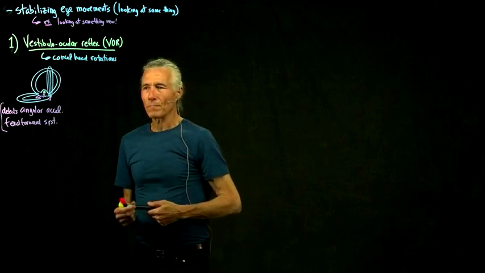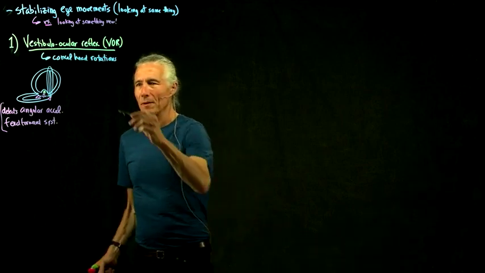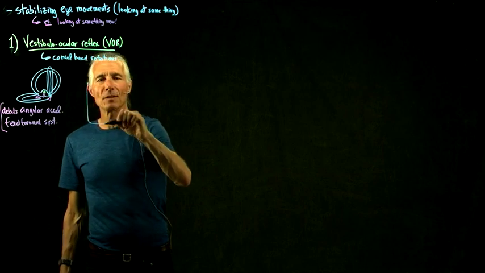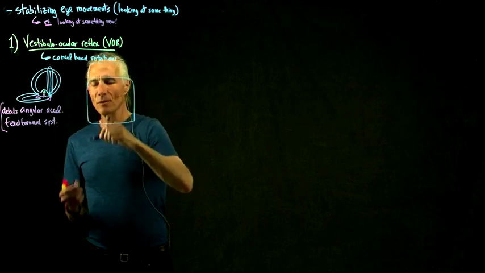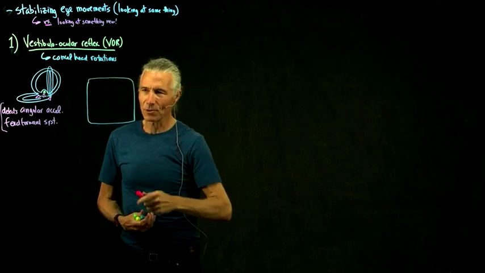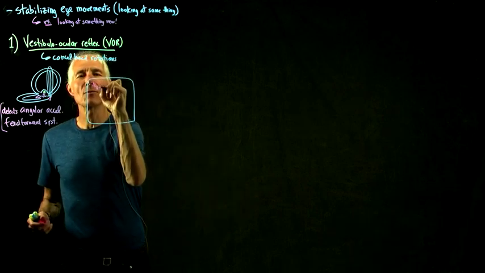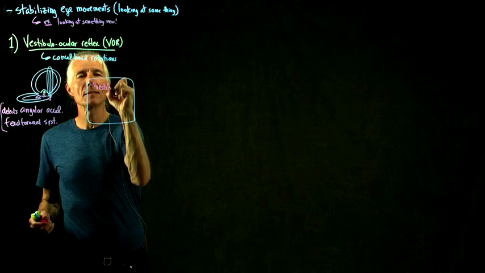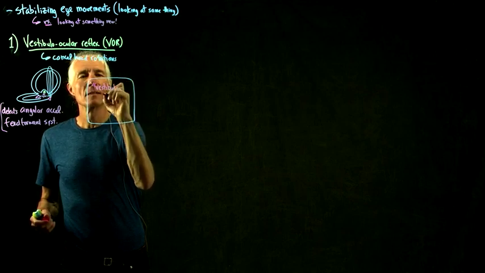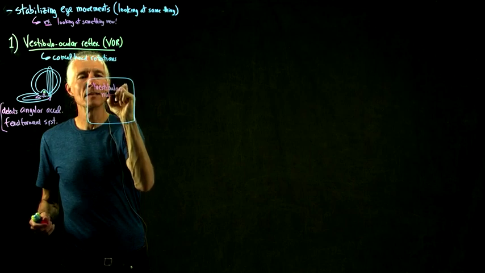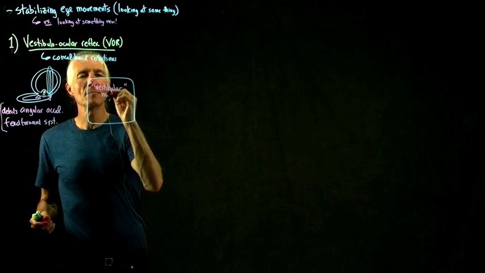And so what are the main parts of it? Well, first, there's the vestibular nuclei, which of course are square. Everything's square. So I usually put this in quotes because they're not just vestibular. They get a ton of other input, as we'll see.